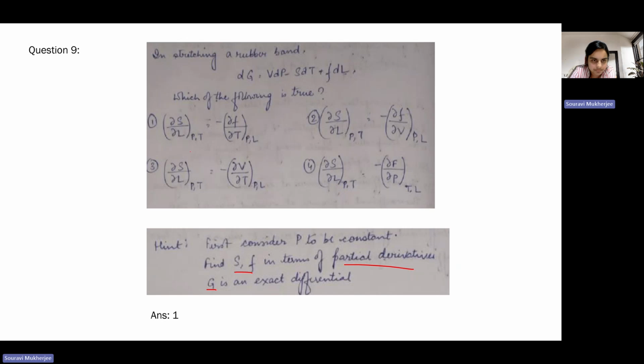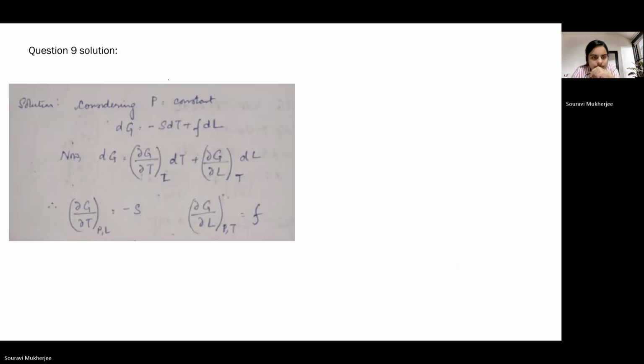Answer is the first option. See how. So considering P is constant, you write dG as minus S dT plus F dL. Okay. So comparing with the basic definition of dG in terms of dT and dL, you write del G del T at constant pressure and L is minus S, and del G del L at constant pressure and temperature is F, right?